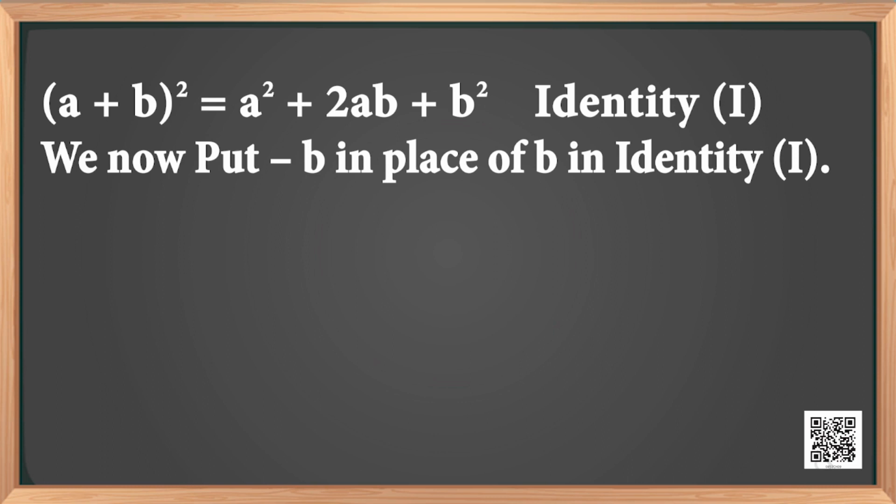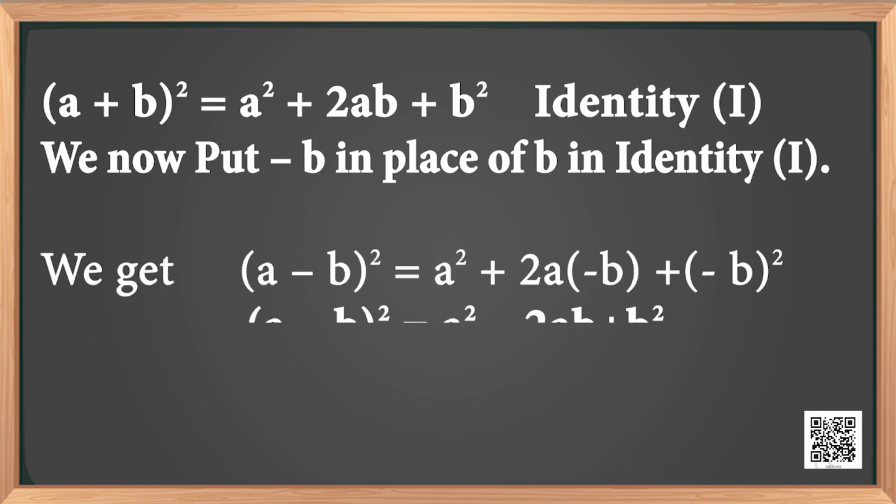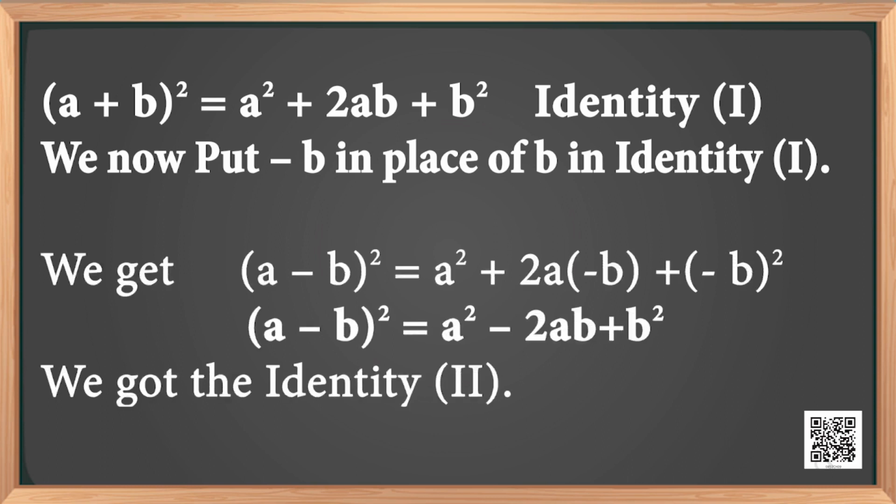We now put minus b in place of b in the above identity 1. We get (a − b) whole square is equal to a square plus 2a times minus b plus (minus b) whole square, which is equal to a square minus 2ab plus b square, which is nothing but identity 2.